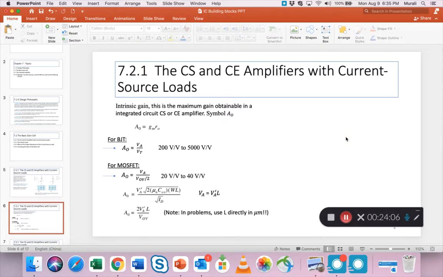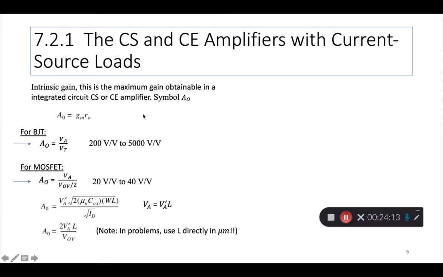In an IC form of the amplifier, we are defining a new symbol A0. Sorry, A output, AO. AO is the maximum gain obtainable in integrated circuit, CS or CE amplifiers.